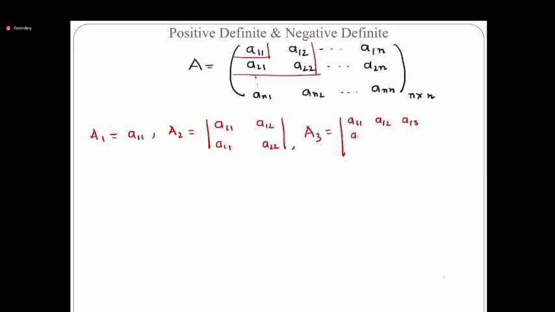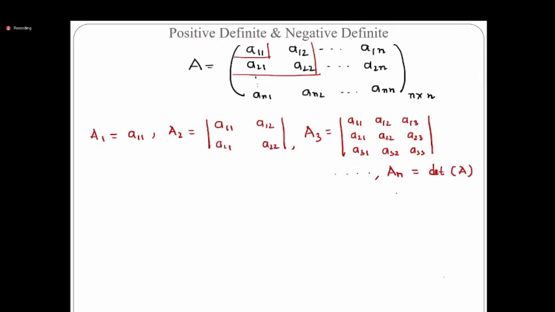A11, A12, A13, A21, A22, A23, A31, A32, A33. And by this way, what will be the nth principal minor? A, the determinant of A. Yes, very good.